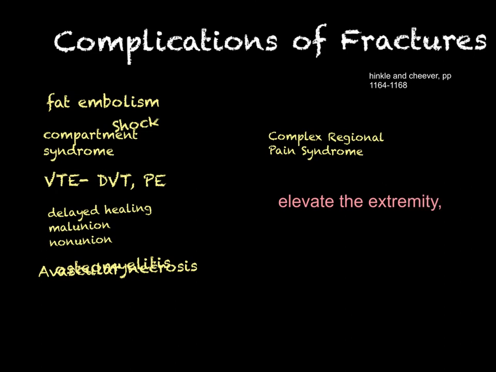Typically what you see are opioids, NSAIDs, and sometimes steroids to decrease inflammation. If this goes on for a longer period of time, you're probably going to have to refer to pain management, and they'll probably add something to the routine such as gabapentin or one of the anticonvulsants. So that's something that you should be aware of as well.